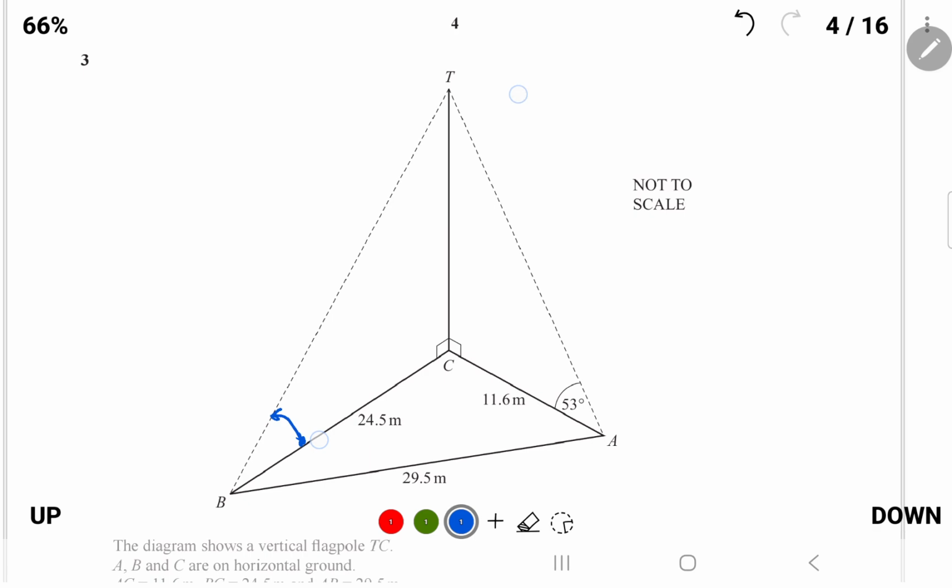In order to find this angle here, we should find TC. So let's use the triangle TCA to find the length of TC. So here we can see tan 53 is equal to opposite, which is TC, divided by adjacent, which is 11.6.